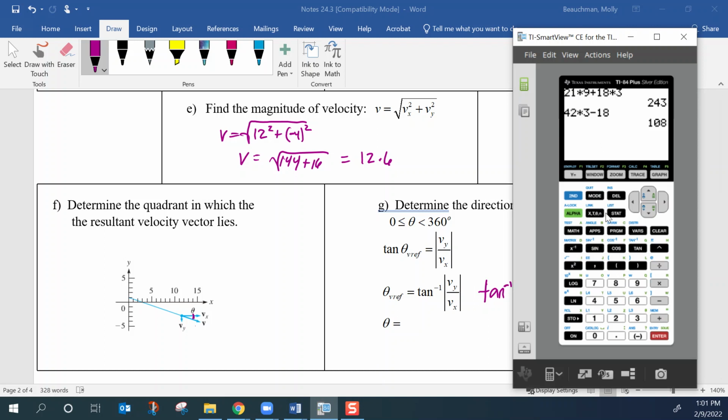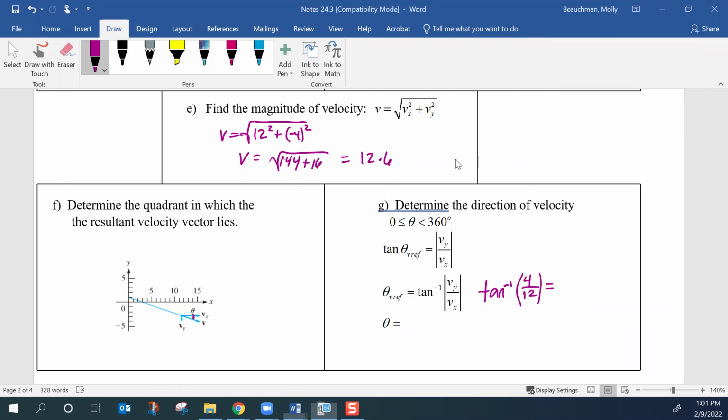We want to go with degrees. Make sure you're in degrees. All right, and we are. So I want to find the inverse tangent of 4 divided by 12. And I end up with 18.4 degrees.